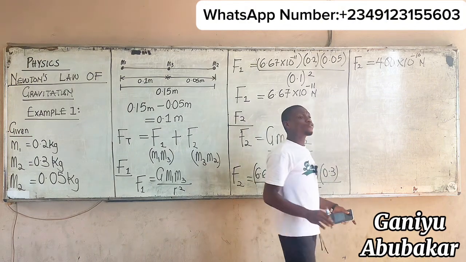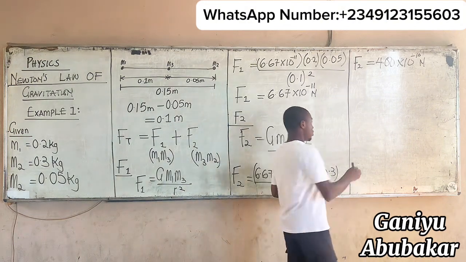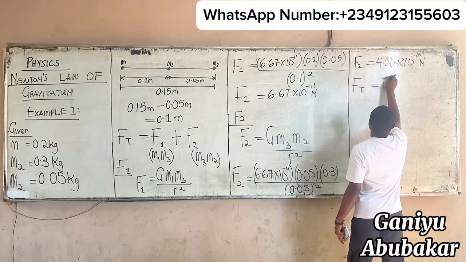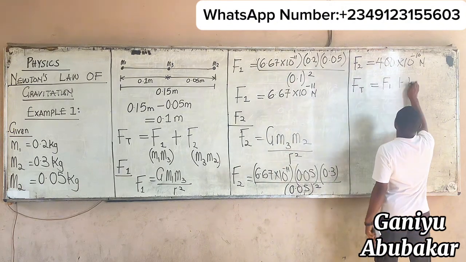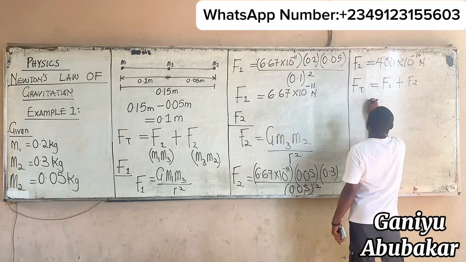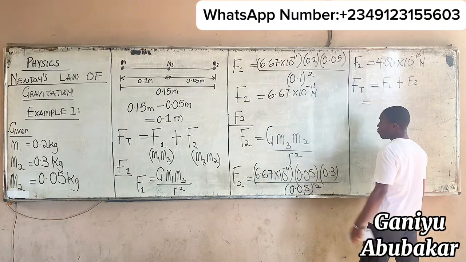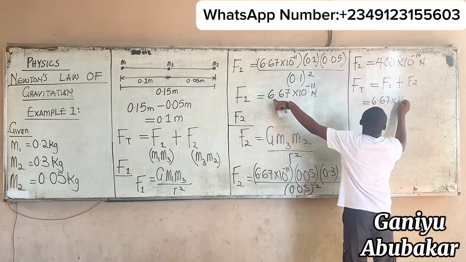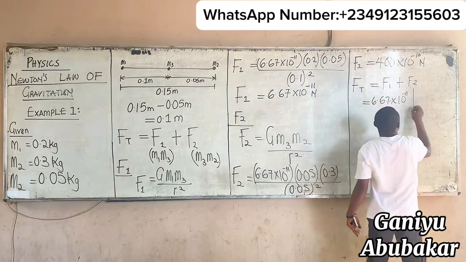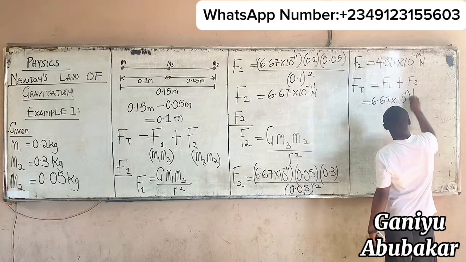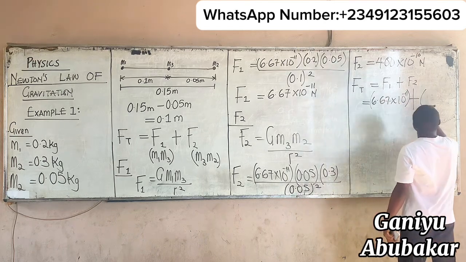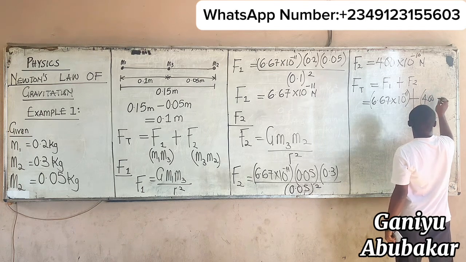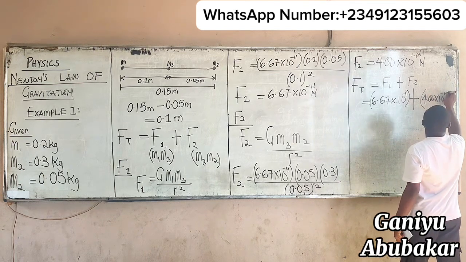So to get the total force, Ft, it is equal to F1 plus F2. F1 is 6.67 times 10 to the power minus 11, plus F2, which is 4.00 times 10 to the power minus 10.